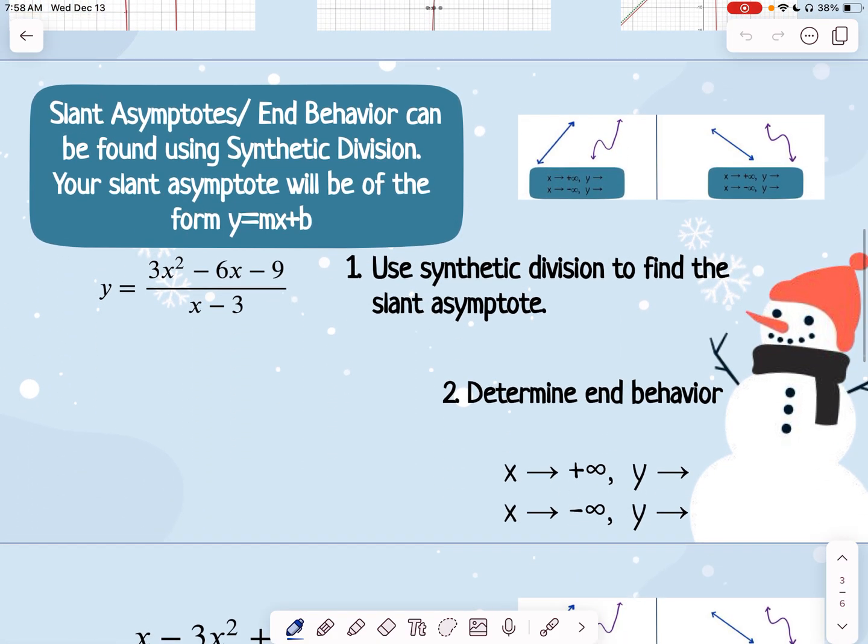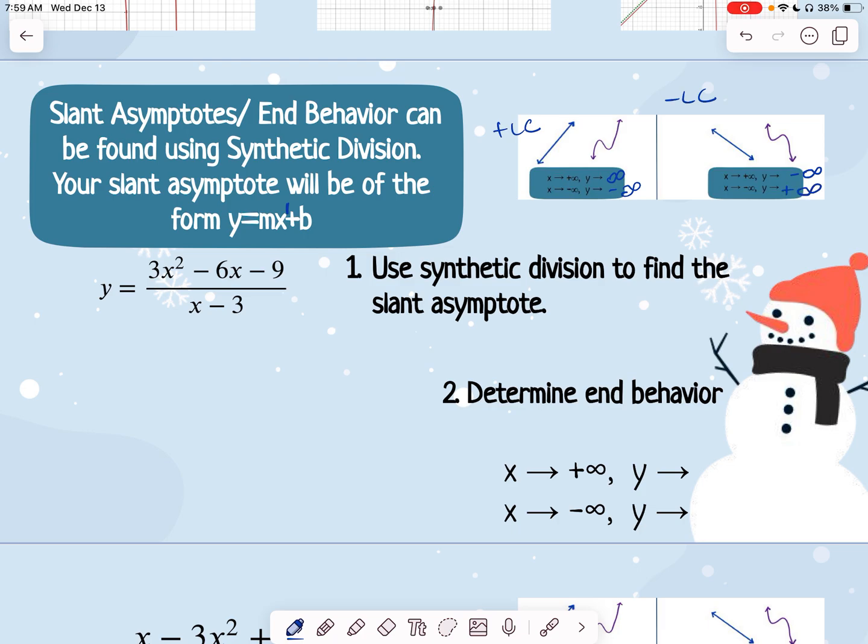Okay, so slant asymptotes can be found using synthetic division, and they always show up as y equals mx plus b. So they look like the equation of a line. It's an odd function, with either a positive leading coefficient, and that will take us to positive infinity and negative infinity, or a negative leading coefficient, and that'll be negative infinity and positive infinity.